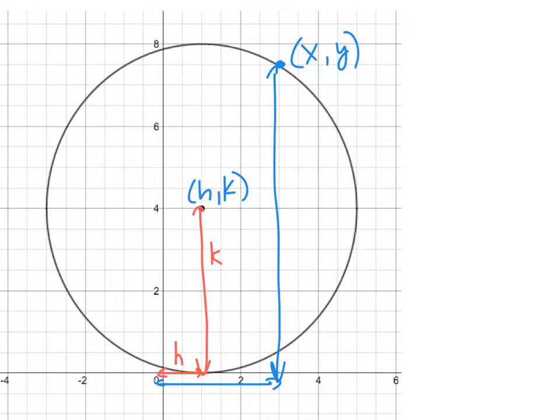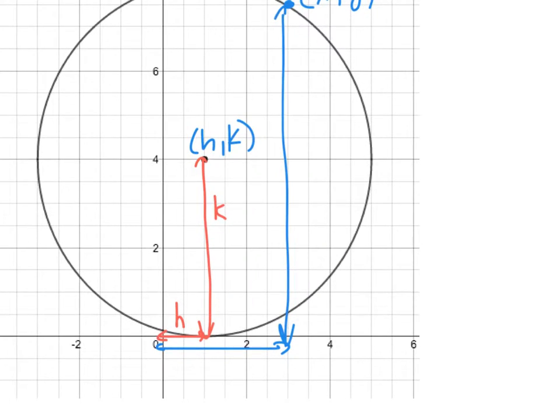X. Can you guys see that? Because I have to walk x away from the origin to get to right beneath that point. And then how much do I have to walk up to get to that point? Why?